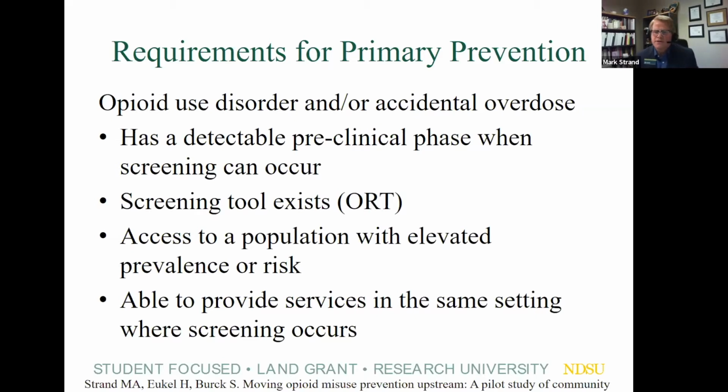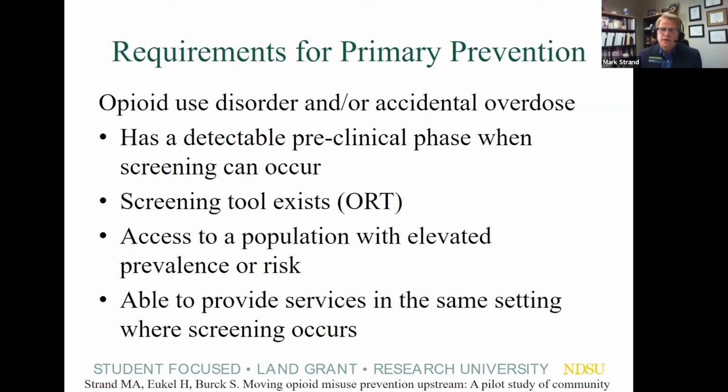The primary prevention approach also requires access to a population with elevated prevalence or risk. You wouldn't want to do opioid use disorder screening in a shopping mall or in a public high school or at a university campus. In other words, you want to focus on communities where you know that there's going to be an elevated prevalence or risk. And so what better place than in a pharmacy among patients who are picking up opioid prescriptions?